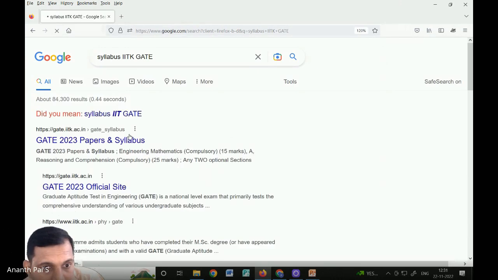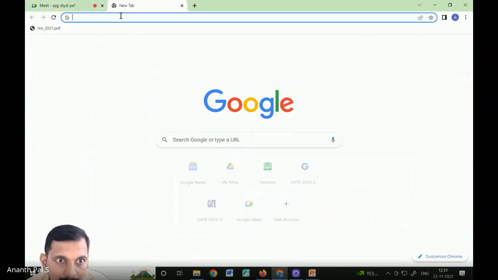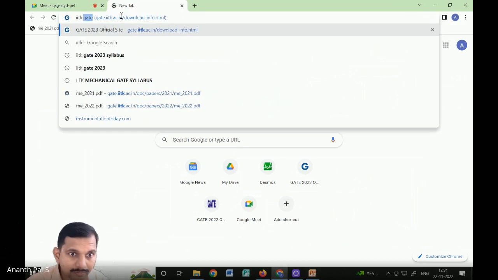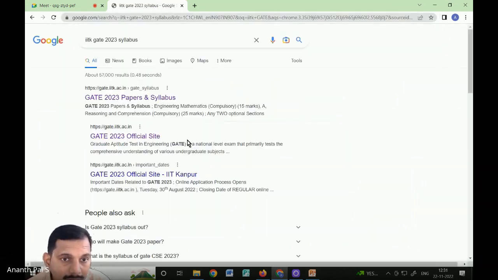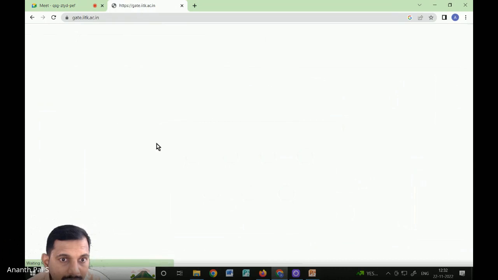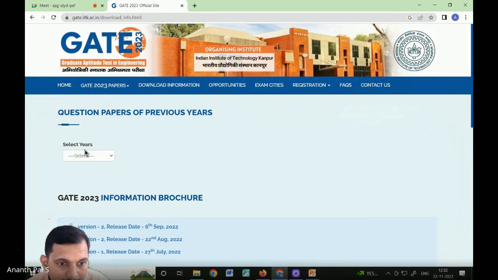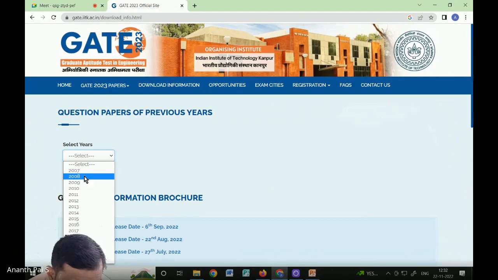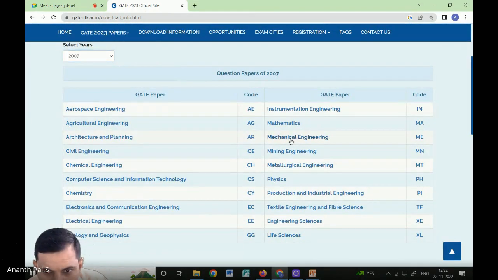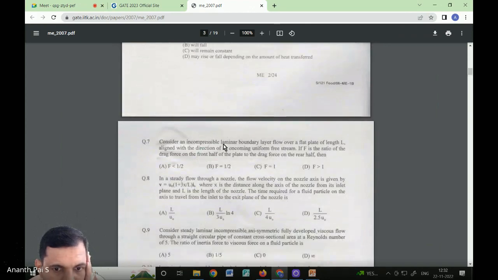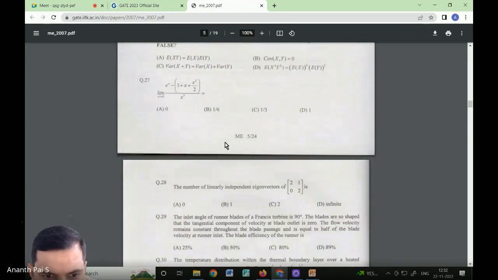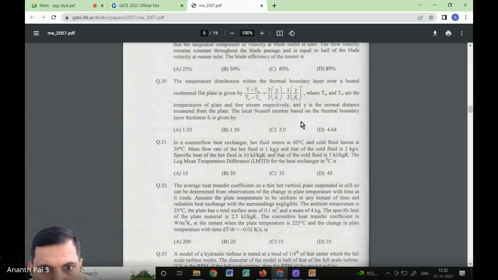If I go to papers and syllabus in first year, over here we will go, IITK 2007. From here we get it. So mechanical engineering. In this, we have to see the 2 marks question which comes after 30th. So here, this question.